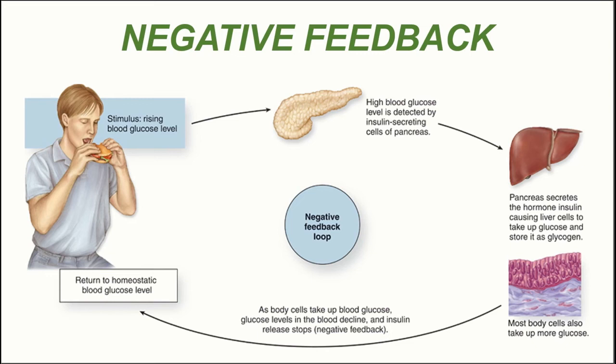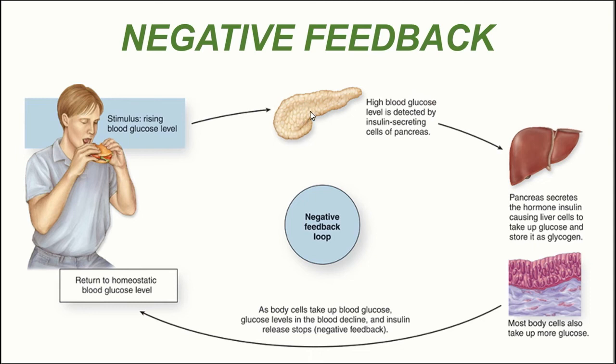A second example of a negative feedback mechanism is blood glucose levels, particularly after a meal. Here we'll start on the left side. After ingesting some food, our blood glucose levels will begin to rise. That triggers not our brain, but in this case an endocrine organ, the pancreas, to release a hormone called insulin.